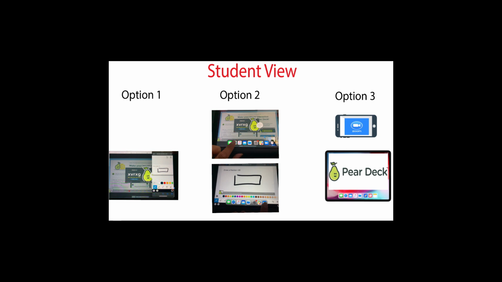It's going to be challenging to explain this over the phone initially, but once the kid figures it out, I don't see a problem. Option two is very usable. Option one is usable too, it just depends on how fat their little fingers are. And option three is probably the best one. So that's my logical thinking about PearDeck and Zoom being used at the same time.